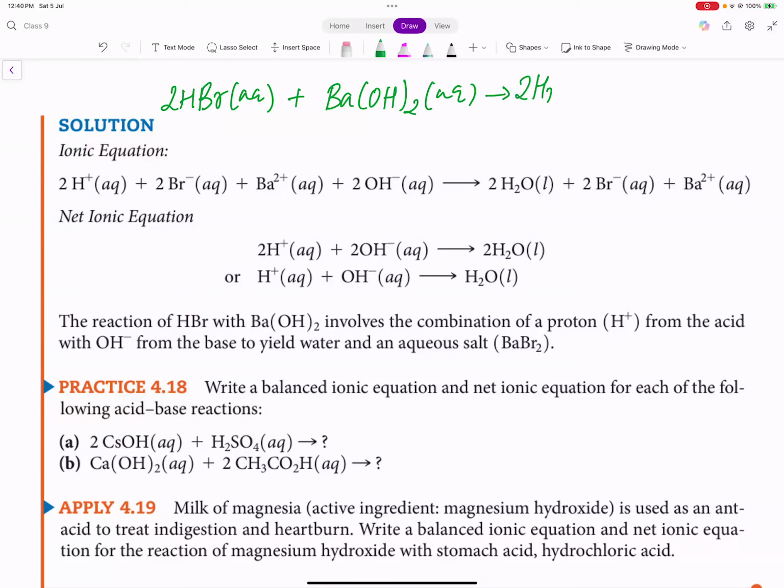So, water, and I'm going to get this salt, barium bromide aqueous. And then I start breaking them. See, first we write the balanced equation. After that, we are going to write the normal equation, right? Okay. So that is the main thing.